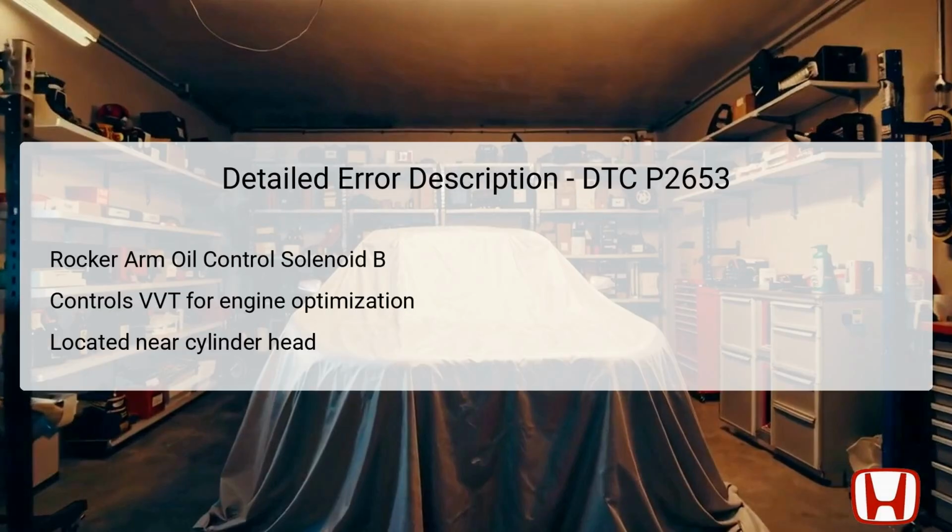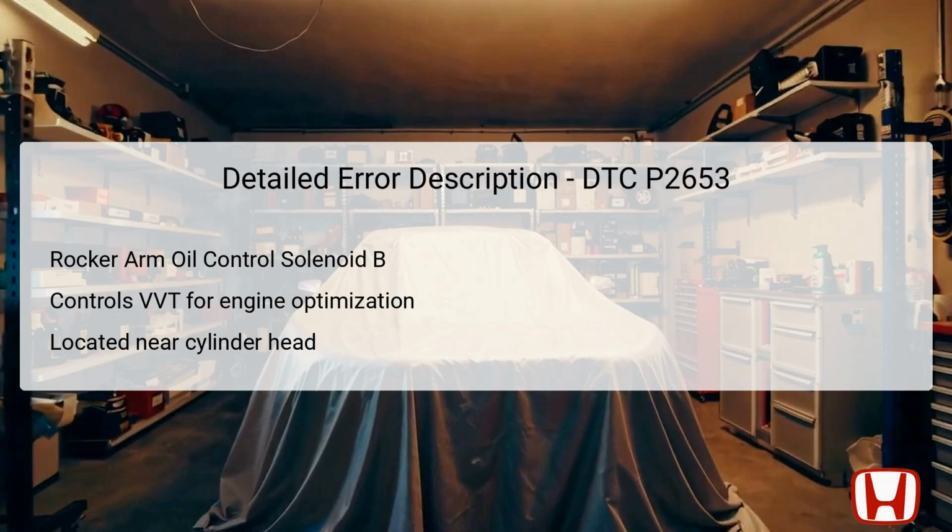The DTC P2653 error primarily involves the rocker arm oil control solenoid B, bank 1, which plays a critical role in adjusting the variable valve timing, VVT system. The VVT system is essential for optimizing engine timing and performance based on driving conditions. The solenoid is located in proximity to the engine's cylinder head, where it manages oil flow to the rocker arms.